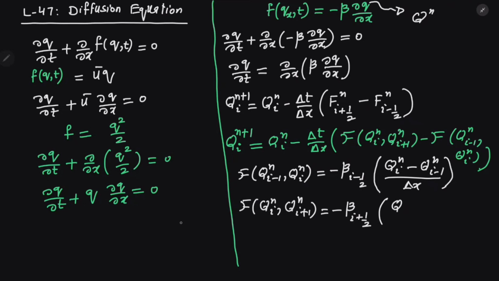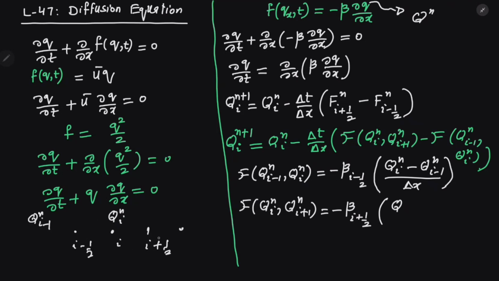let me just see that. For example, if we have i plus 1 half, and this is i minus 1 half, i minus 1 half is computed from q n i and q n i minus 1.